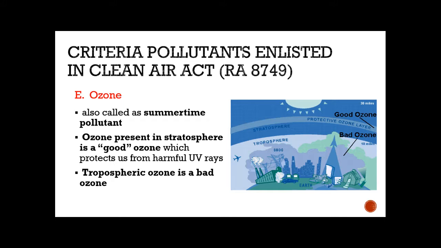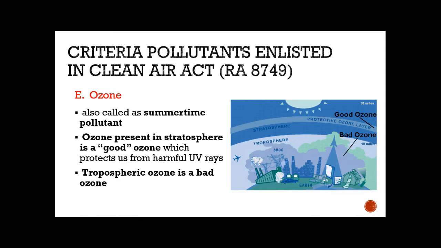Now, what would dictate whether it's good or bad? If it is at ground level, which is affected by weather conditions, such as high temperature, or the wind that would be blowing the O3, that would tell you whether you have produced tropospheric ozone.